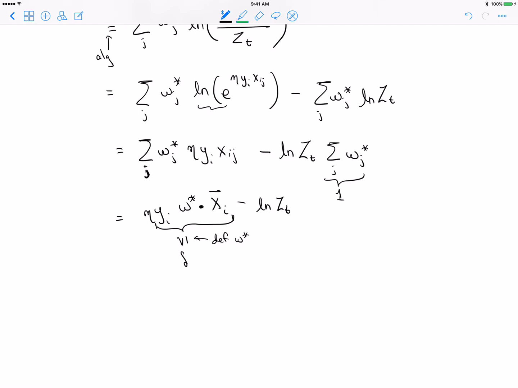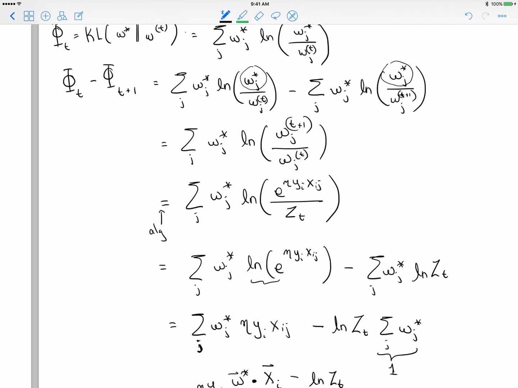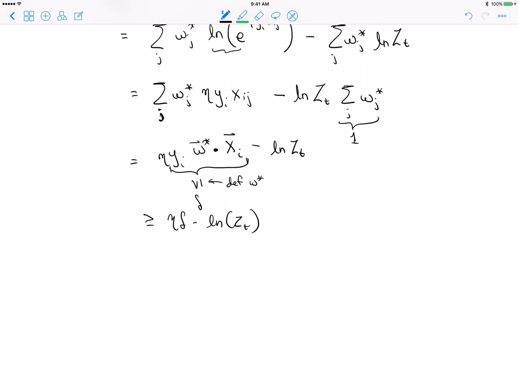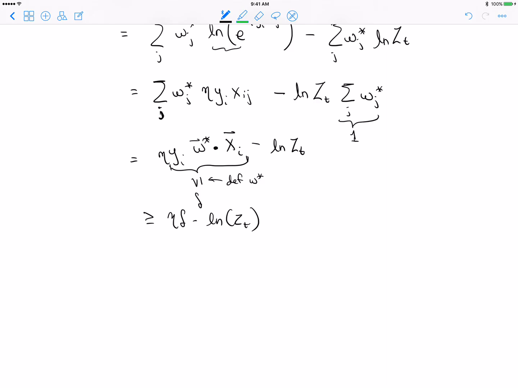Even though point i was misclassified at time t by W_t, that has nothing to do with this, because this is all just about W star. So then this thing is just, I'll write it again, minus log of z_t. That is the first step. This is step 1, and I can't go any further without working with z_t, so I'll do that in the next step.